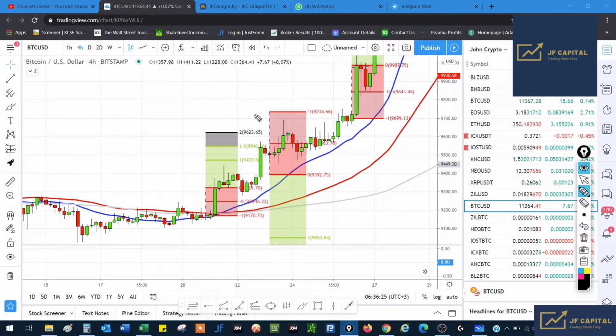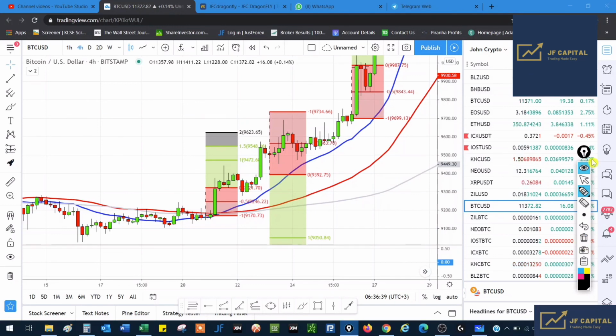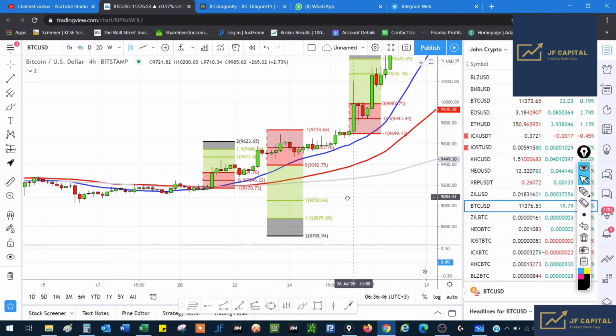Next, this is a short setup. We can call it a sell as well. Let me scroll down a bit.